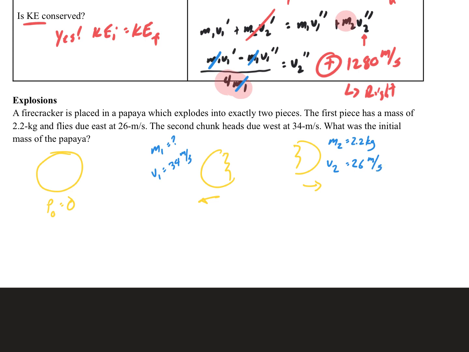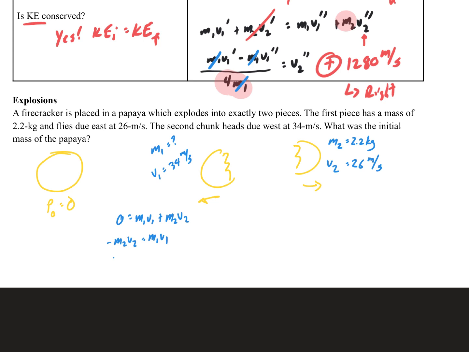So I can generate a quick equation here. The before momentum ends up being 0, while I have this m1v1 plus m2v2 idea. Then a little bit of algebra here, I can move things around. I can get negative m2v2 equals m1v1.